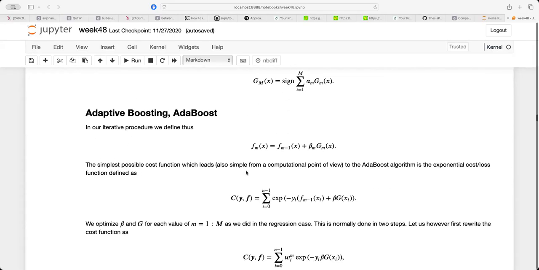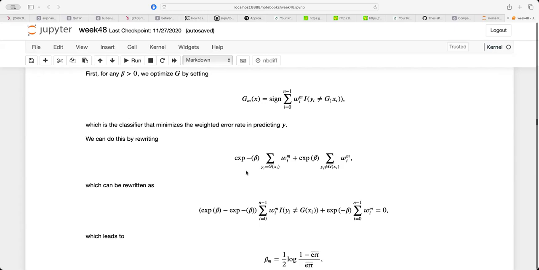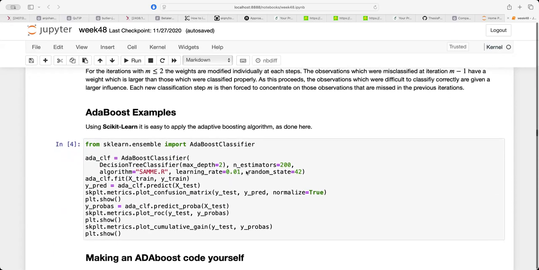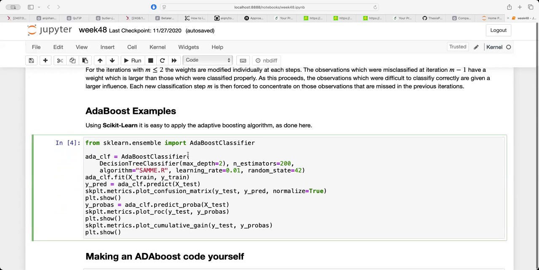You will also find an example on how to implement adaptive boosting here. There is an adaptive example where we use the classifier from scikit-learn, but there is also an example of how you can write your own program. Actually, the thing which is a little bit depressing, but also good, is that if you ask ChatGPT to write a program which implements adaptive boosting, it's going to do a fantastic job for you.